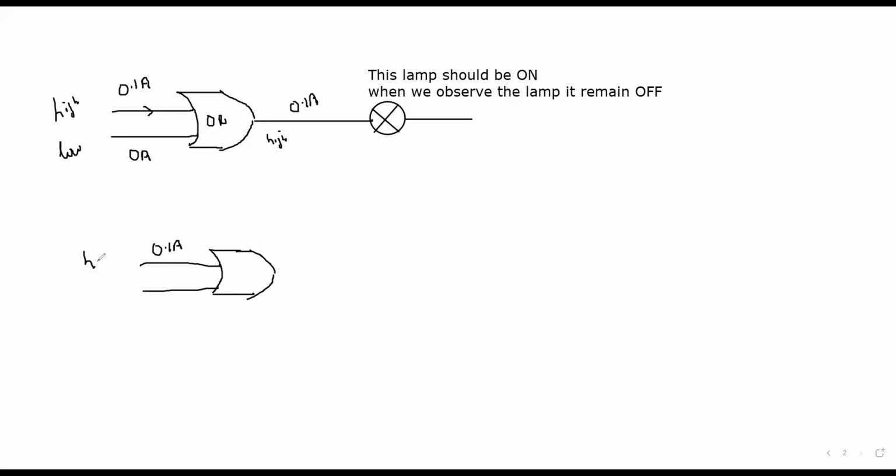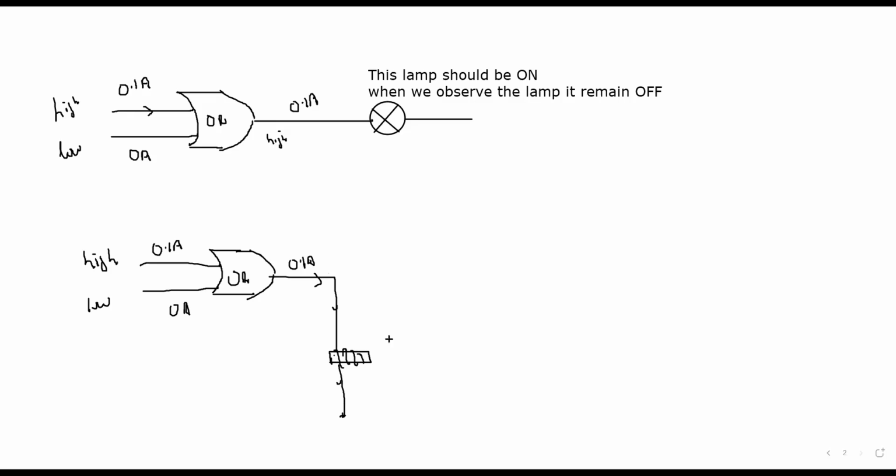One of the inputs is high and the other input is low for the OR gate, so the output, for example 0.1 ampere, is high. We connect a relay coil. When 0.1 ampere is there, this will magnetize, because current has a magnetic effect as well. So this will magnetize the relay coil.